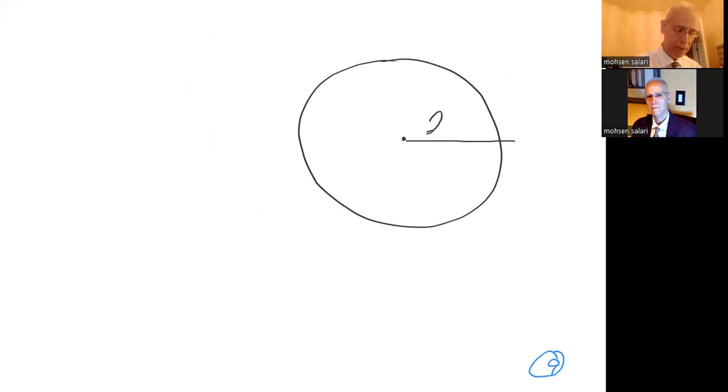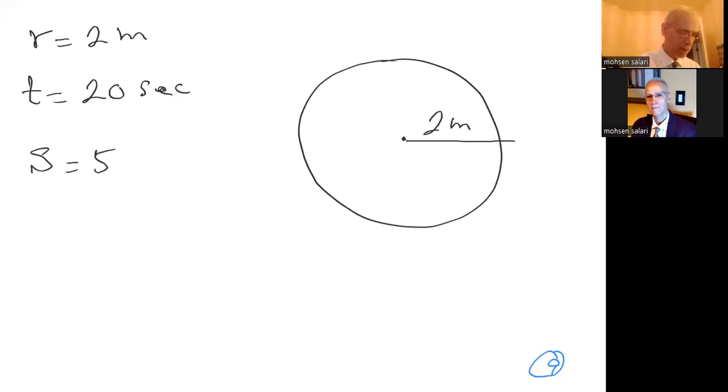So we do have a circle. The radius is 2 meters. That's given to us. So we know that R equals 2 meters. T is given as 20 seconds. And S is given to us as 5 meters. Okay. So what is the angular speed? Omega. Omega equals theta divided by T. So you can say that omega equals, what is the theta?